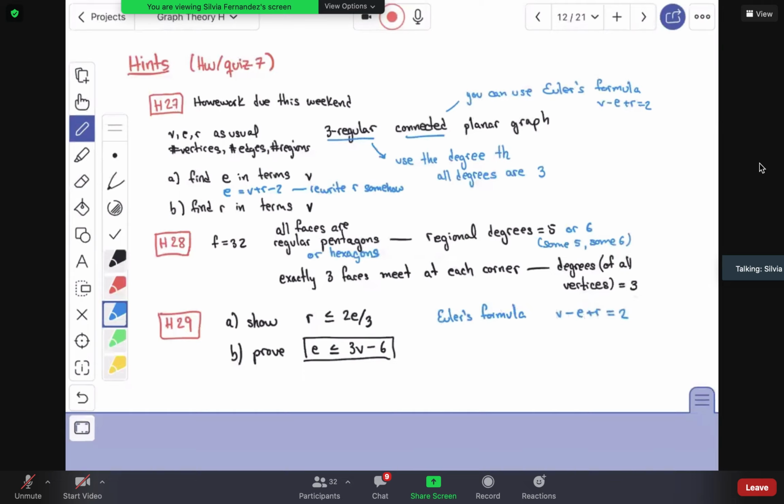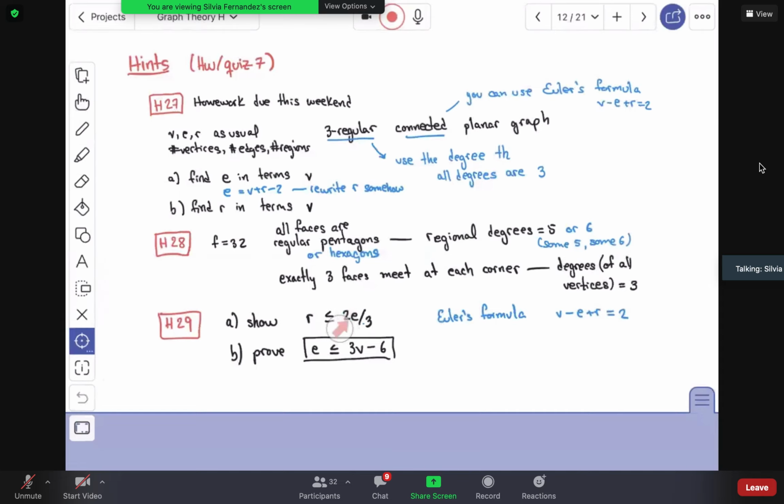You want to show that R is less than or equal to 2E over 3, because you have this 2E over here, right? You want to use the regional degree theorem or the degrees theorem.